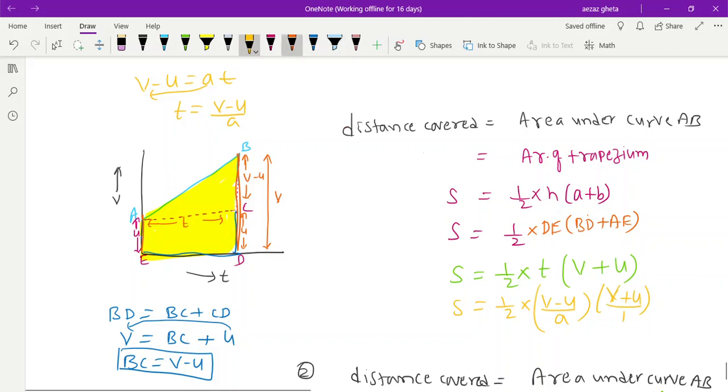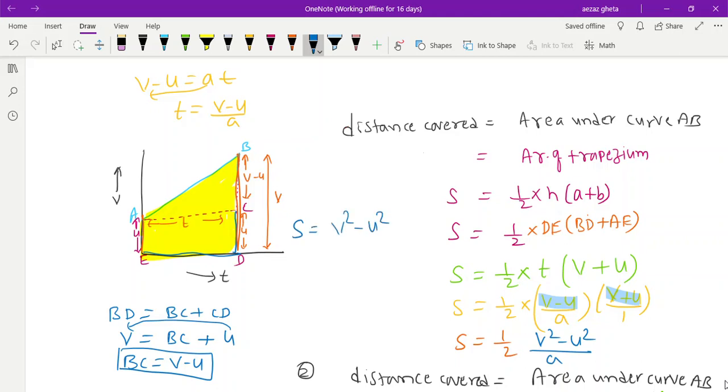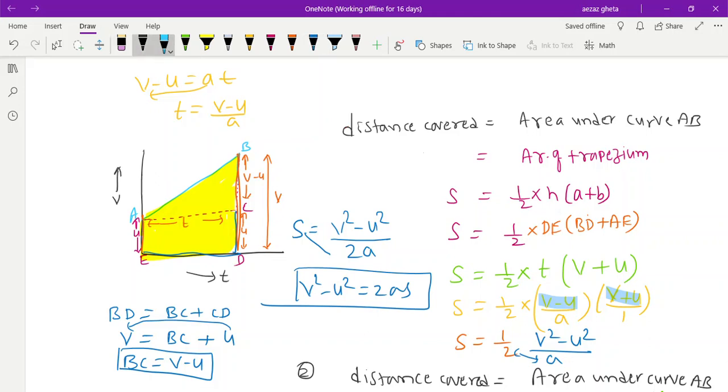What can you write? s is equal to 1 by 2, here v minus u and here v plus u. The formula for a plus b, a minus b is a square minus b square. So s is equal to v square minus u square divided by 2a. Cross multiply: v square minus u square is equal to 2as. This is the velocity and position relationship.